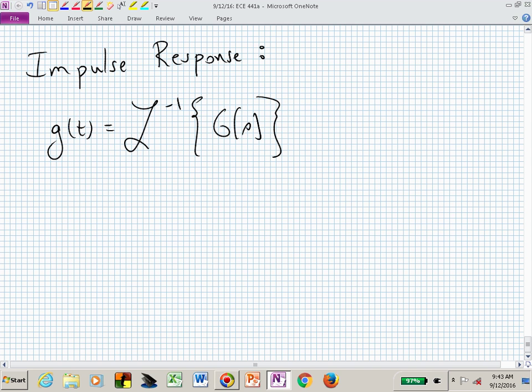So if we wanted the output, y of t, due to an impulse, and the Laplace transform of the impulse is 1, then we're really just looking at the inverse Laplace transform of the transfer function. If we now look at the inverse Laplace transform of capital G of s, what happens to that when you put it into the time domain?